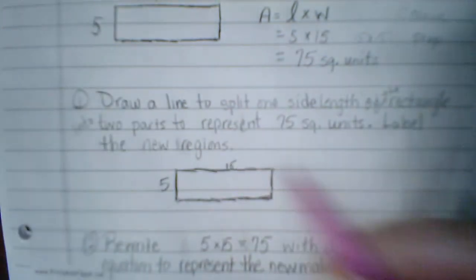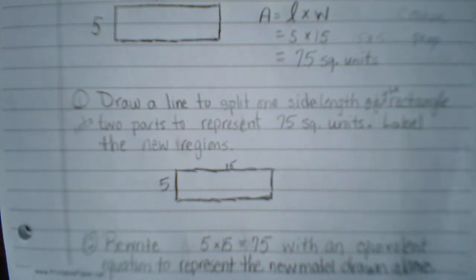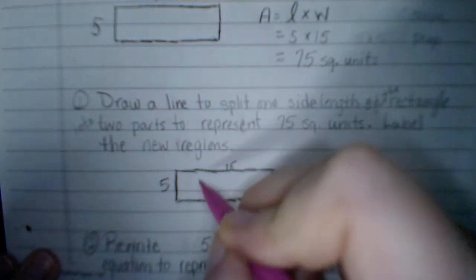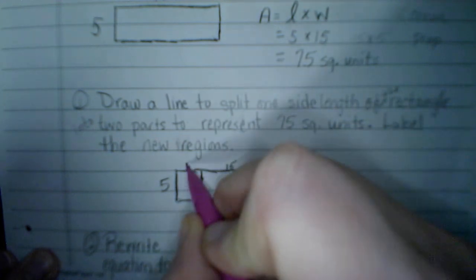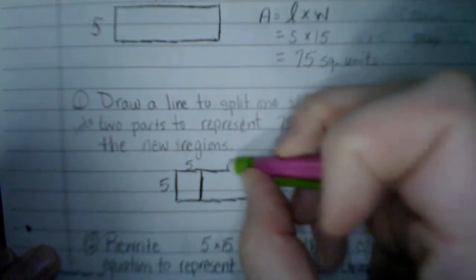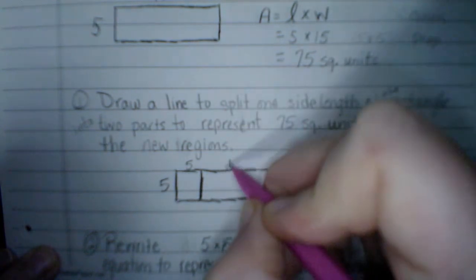Okay, so I'm going to take the side that was 15 and I'm going to split it. Let's divide it into, let's do 10 and 5. So let's divide it right here. Let's make this segment length 5 and let's change this one into 10.